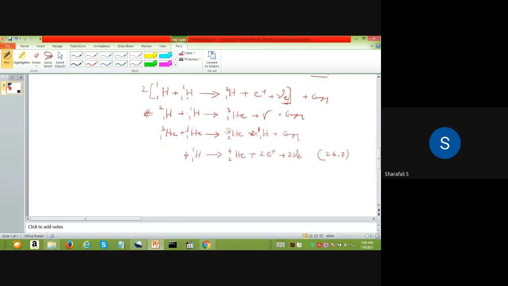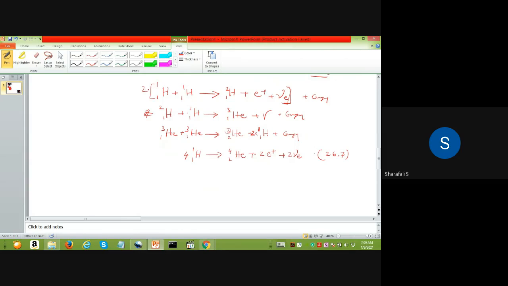So here I am having 1 proton. I have used 1 proton here, and here I am getting 2 protons, so I need 2 protons. So you check this: 1 proton here, 1 proton here.